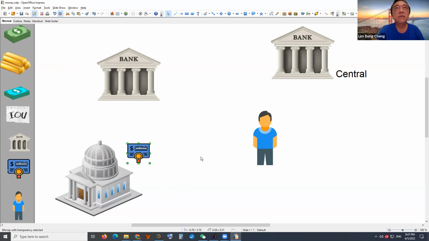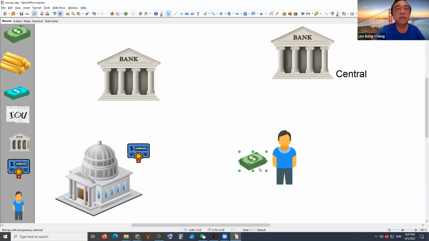He issues a bond. Does anybody want to buy this bond? So the public can buy. This person can buy, assuming he has money. He has money, but there are also many bonds, a lot of bonds.